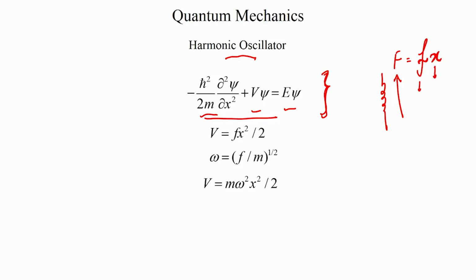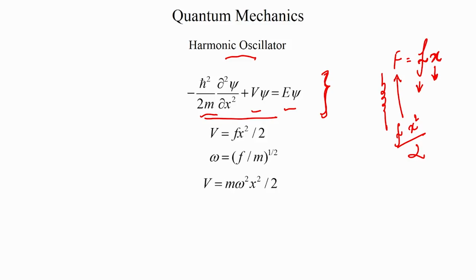So you can imagine a little spring, a quantum spring, that we are trying to describe here. Now that's the spring constant, and the potential energy stored in a spring is F x square by 2. That's half the spring constant into x square, where x is the displacement.